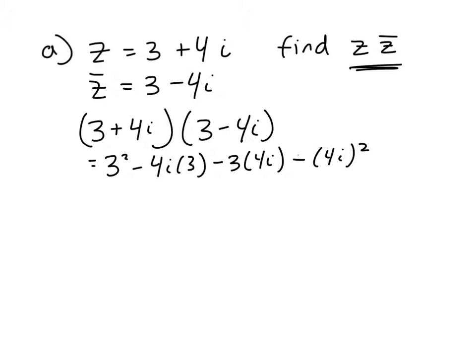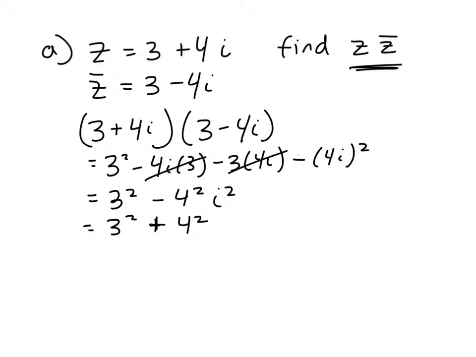These cancel, so you're left with 3 squared minus, bringing in that square, 4i squared. And I squared is negative 1, so that minus turns into a plus, 4 squared.